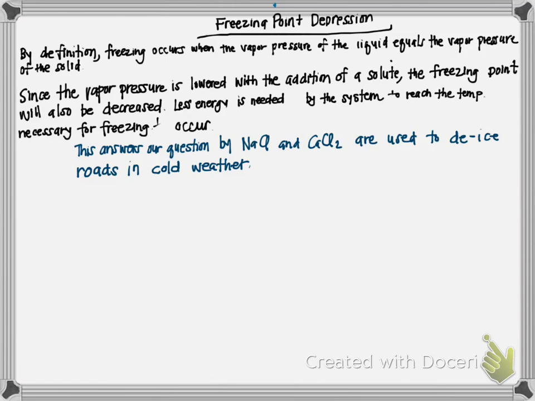What happens is the solute molecules, the Na and the Cl or the calciums and the chlorides, are going to get in the way in between the solvent. So the solutes in the solution sort of get in the way of the molecules of the water for freezing. Therefore you need less energy for that freezing to occur.